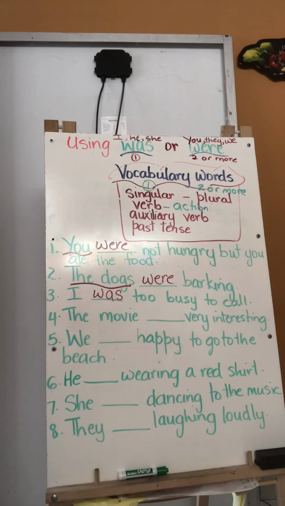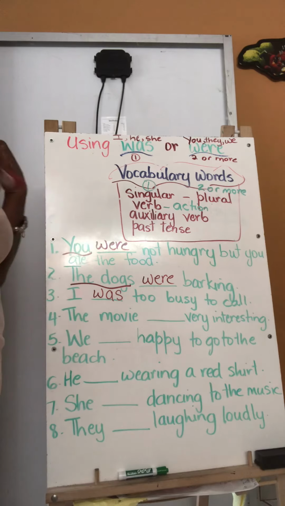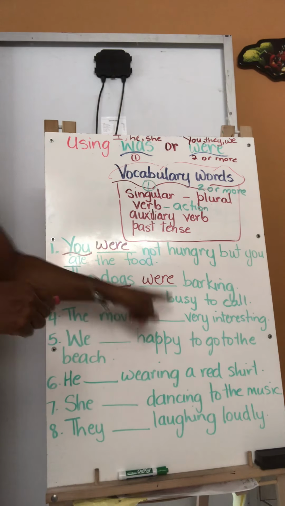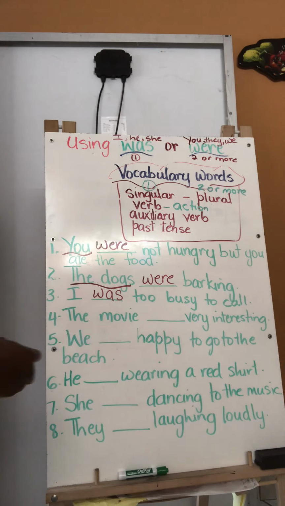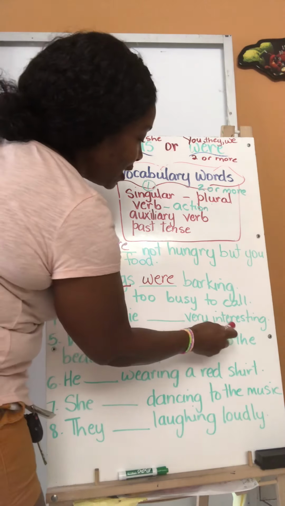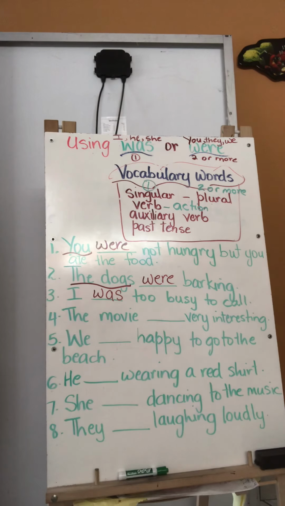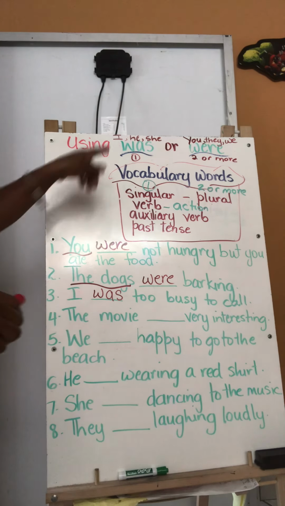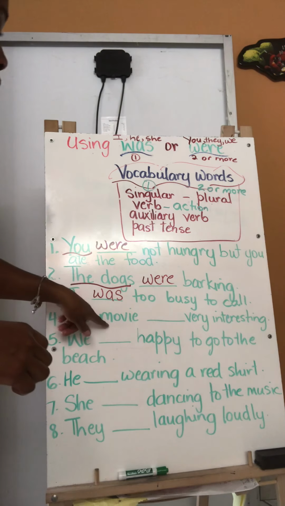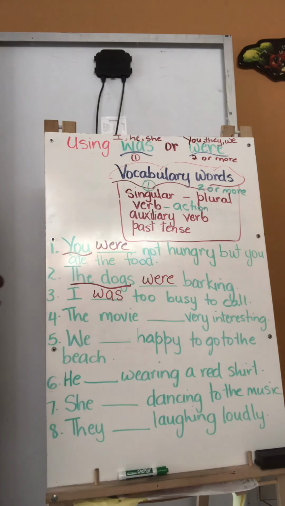All right, let's do 4 and 5 together. So I'm going to read it. You're going to say out loud what your answer is, and then I'm going to tell you the correct one. The movie blank very interesting. What did you choose? The movie was very interesting, or the movie were very interesting.